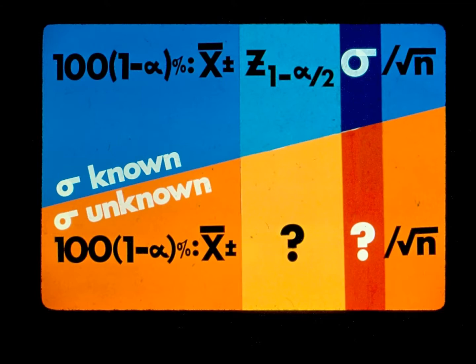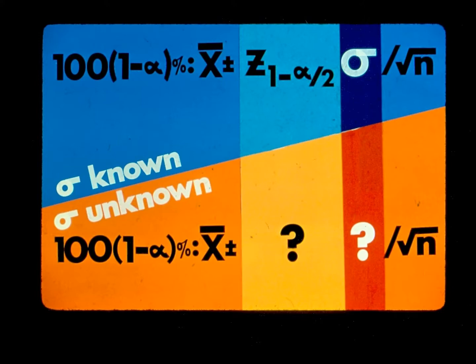It turns out that the confidence interval for mu when sigma is unknown is given by a similar expression shown here at the bottom. However, when sigma is unknown, we must replace the z percentage point and the value of sigma used in the top formula by two other quantities, which we have left blank for the moment.